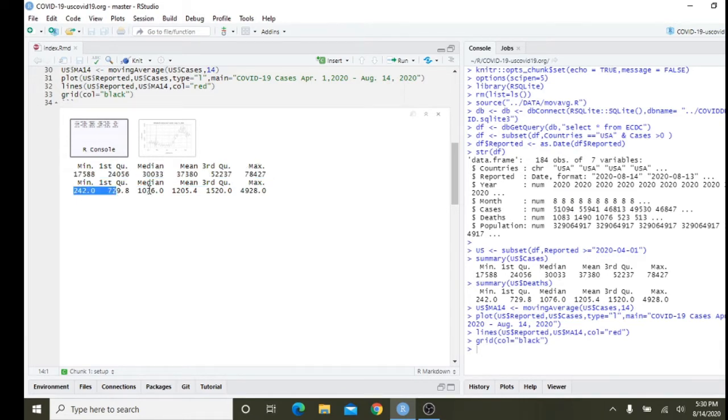Now, as far as deaths, minimum daily death is 242. Multiply that by 365 and see what you get. That's deaths. Mean deaths at 1,205, and the maximum daily death was 4,928.